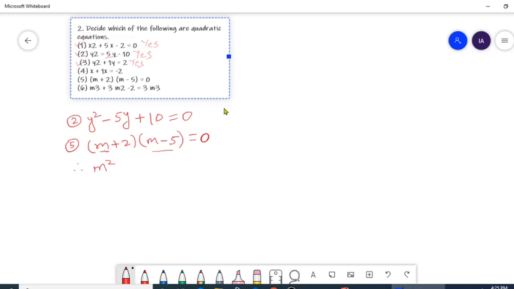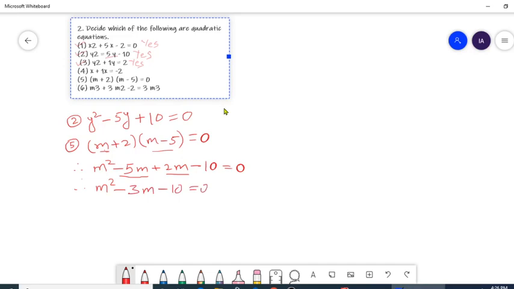Then m times minus 5 will become minus 5m, 2 into m, that is plus 2m, and plus and minus will become minus, and 2 fives are 10, equals 0. So therefore m square, this is negative 5m and positive 2m. So minus plus minus, but we will take the sign of the greater number, and I think 5m is greater, so here I'll take minus 5 minus 2, that is 3m minus 10.